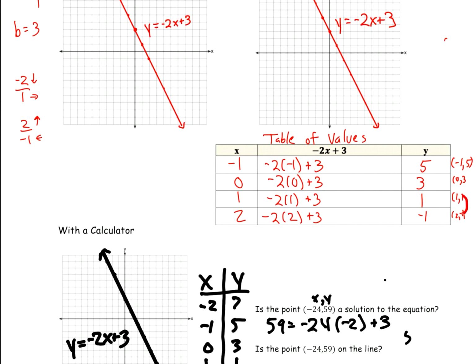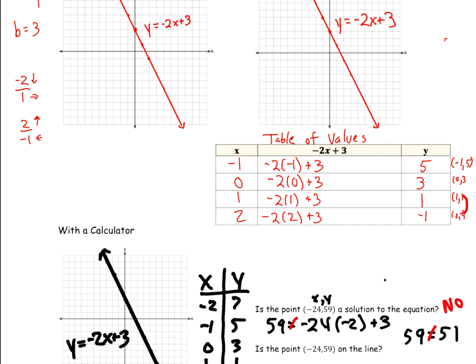And you get 59 is equal to 51. That is not true. 59 is not equal to 51. So is the point a solution to the equation? No. So is the point on the line?